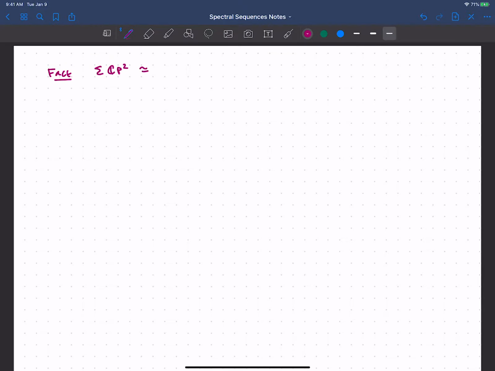you can look at the suspension of CP squared, and at first glance, it might look like it's S3 wedge S5. It seems possible, but in fact, it cannot be. So let's see why that is. Well, when we look at the cohomology of CP squared to begin with, that's just Z adjoin x. I could work in mod 2 coefficients, but I can also work in integral coefficients.